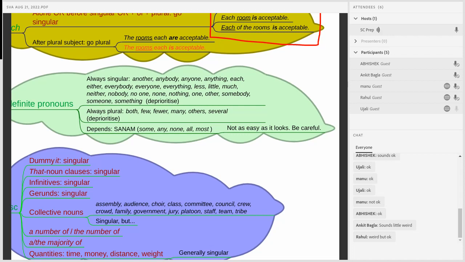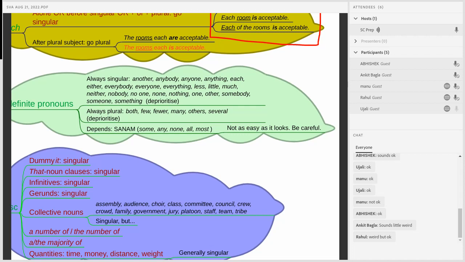Not going to ask you to make an effort to remember this because you will never make a mistake with this. I don't see any of you ever saying something like, everyone are invited, right? Everyone are, it's got to be everyone is, right?